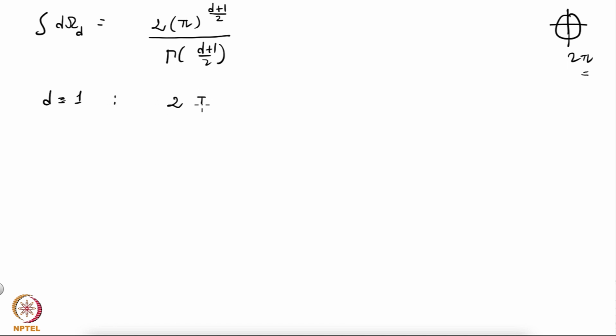So 2 pi power d is 1, 1 plus 1, 2 over 2 is 1, so that's pi over gamma 1, gamma 1, so gamma n, where n is an integer, is n minus 1 factorial, so that's 0 factorial, which is 1, so it is 2 pi. So that's a correct result. Also let's check for d equal to 2. So you have now two variables, theta and phi.